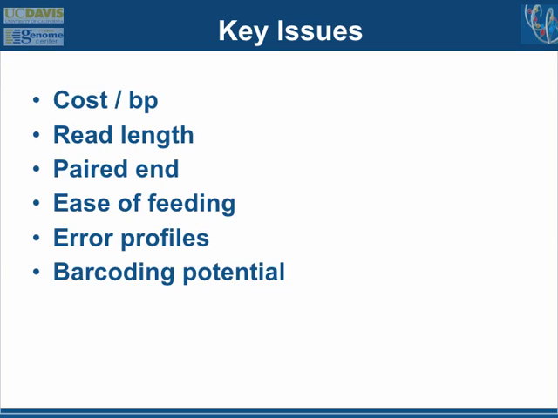A really important thing that is coming out now is that we are really, in essence, not limited by sequencing per se. We're limited by being able to feed samples into the sequencing machines. So if you want to do population genetics, one Illumina sequencing run is probably enough sequencing capacity for almost every project in the world.